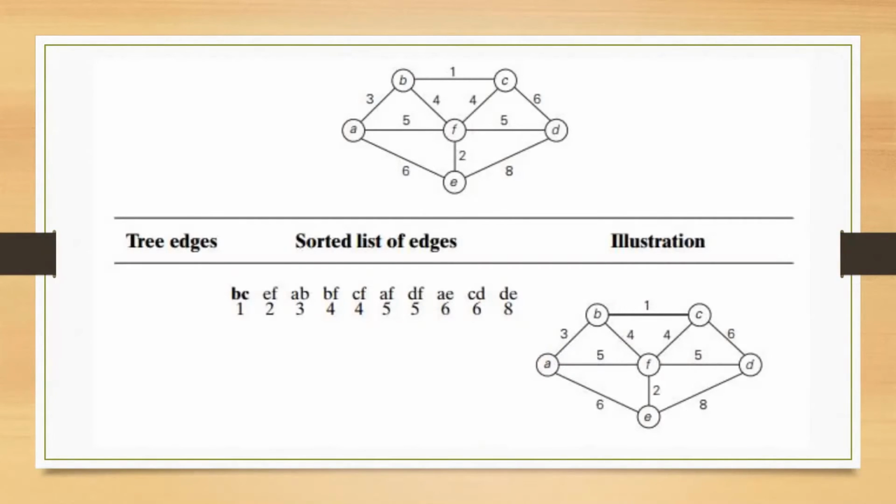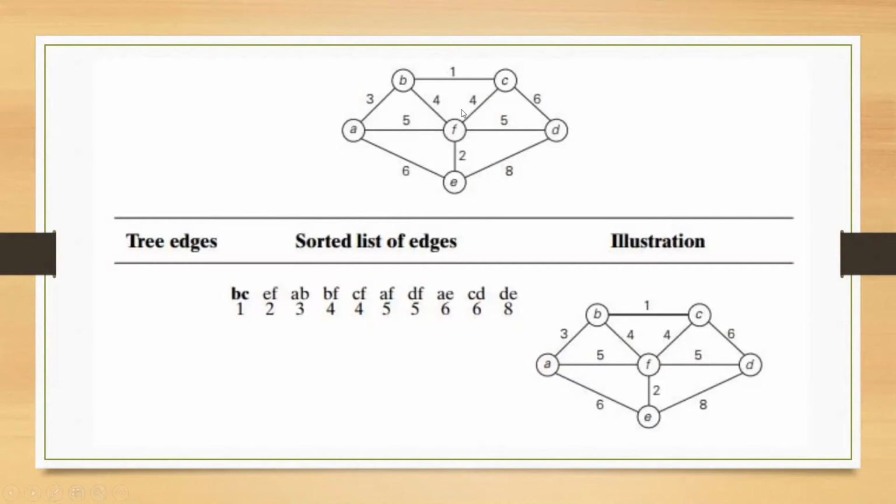Out of all the edges, BC has a cost of 1, therefore it comes first. Next, EF has a cost of 2, then AB has a cost of 3. Then BF has a cost of 4, which comes next.